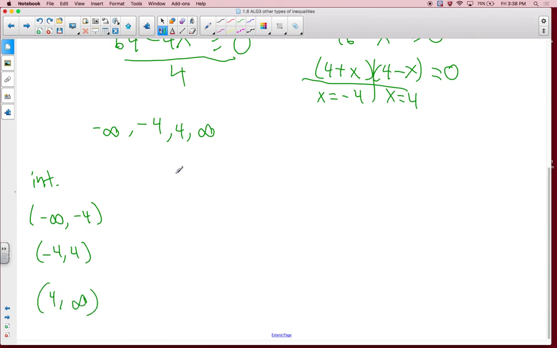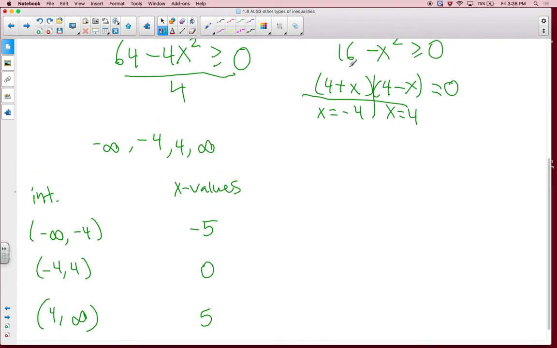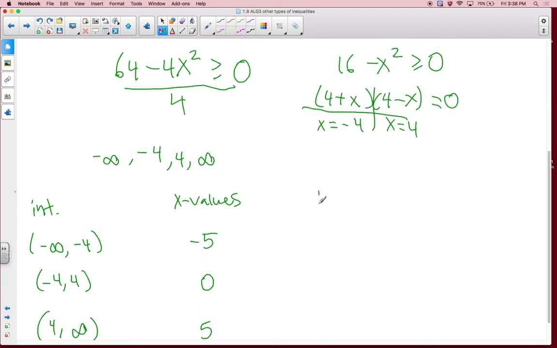Okay, so we'll choose x values for this. From negative infinity to -4, we can use -5. From -4 to 4, we can test 0, and for this one we can test 5. All right, and then we can plug it into the simplified version here, 16 minus x squared, and we want it to be positive, right?